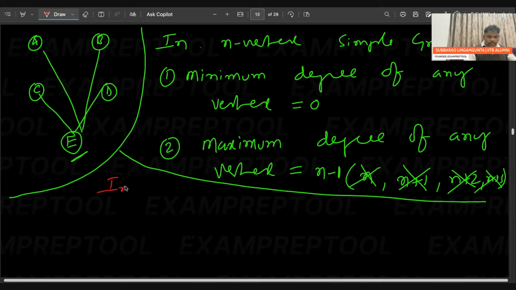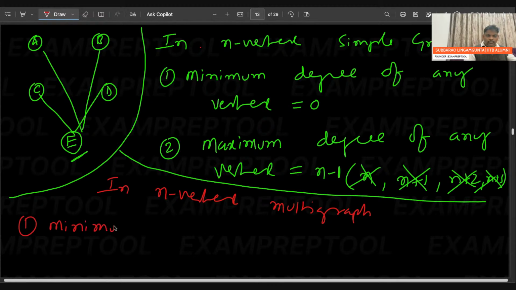In an n-vertex multi-graph, the minimum degree of any vertex is equal to 0. Minimum 0, okay.